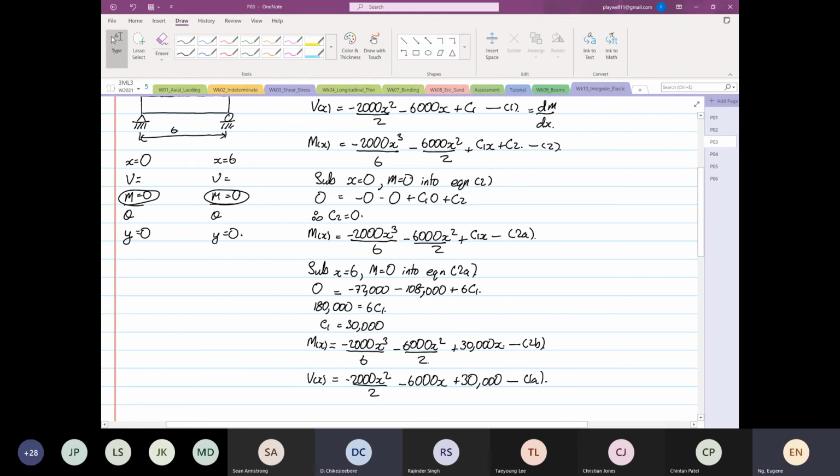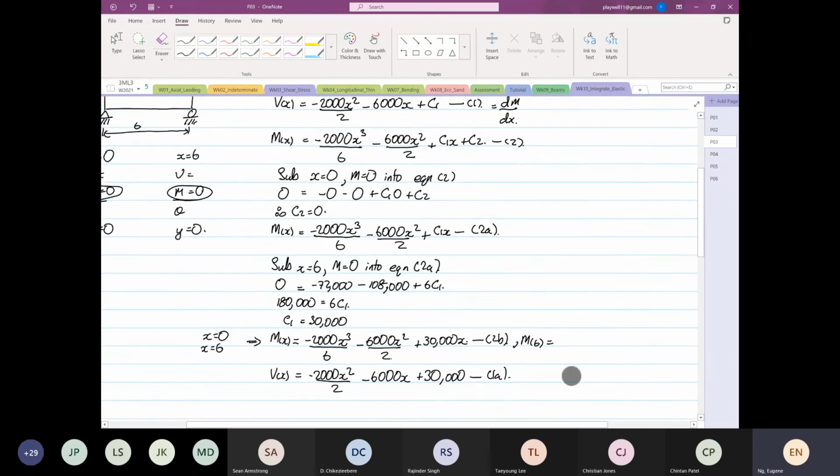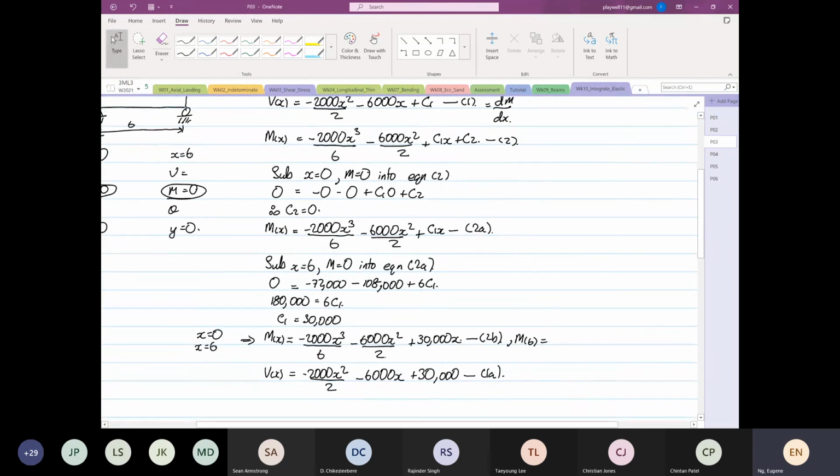Yeah. So if you substitute x is equal to 0, there's no point, because all is equal to 0, so nothing to check. The better check is x is equal to 6. So when we substitute 6, this will become minus 2000 times 6 to the power of 3 divided by 6, which is equal to minus 72,000.